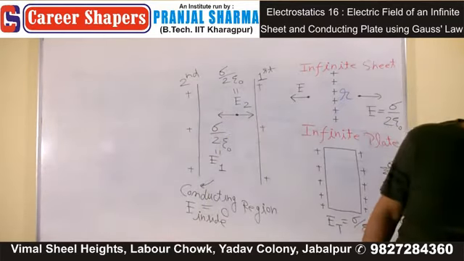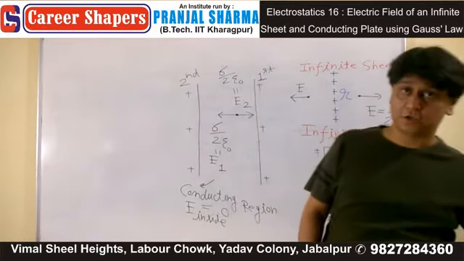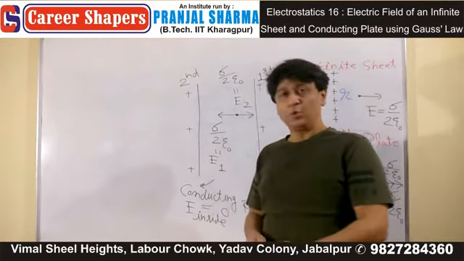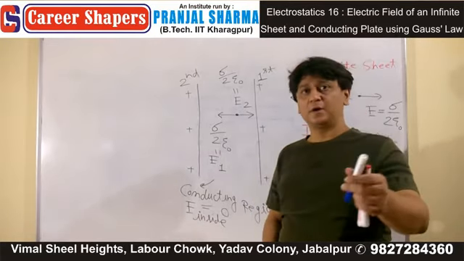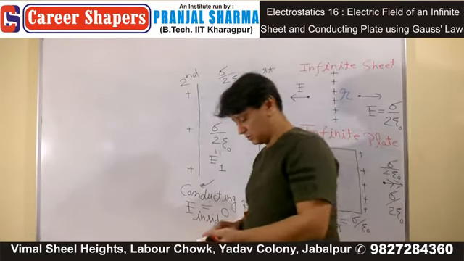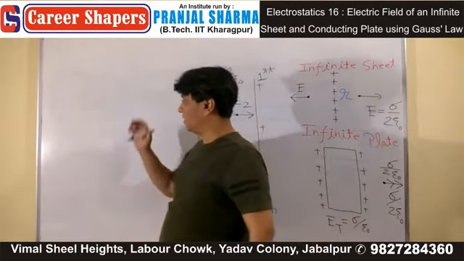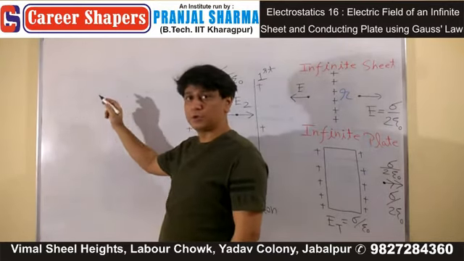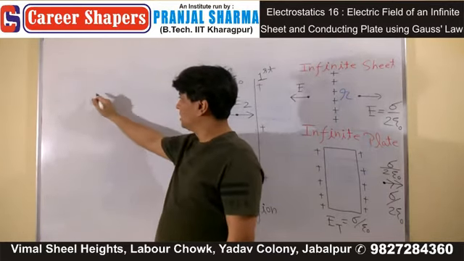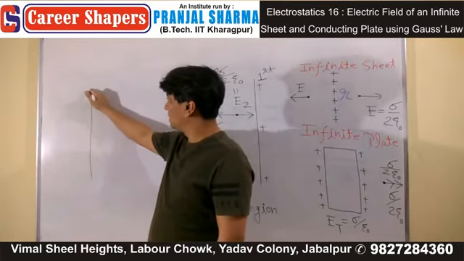Now, just so that you understand this Gauss and all, we'll use a third method for an infinite plate. Third method is based on Gauss. And I will give you some time. I will draw the figure, and then it's your responsibility to produce the same answer. This is your infinite conducting plate.